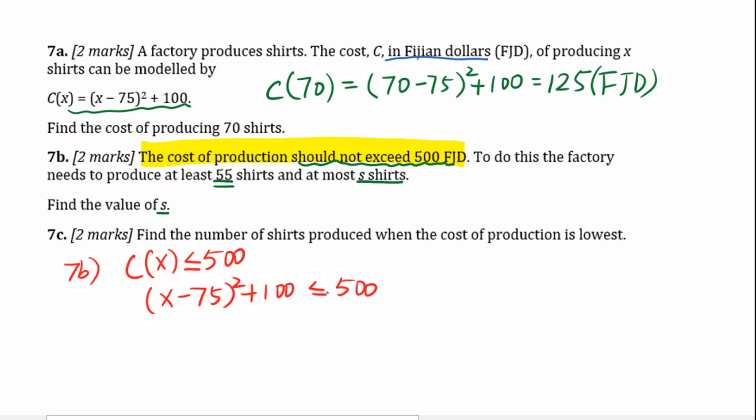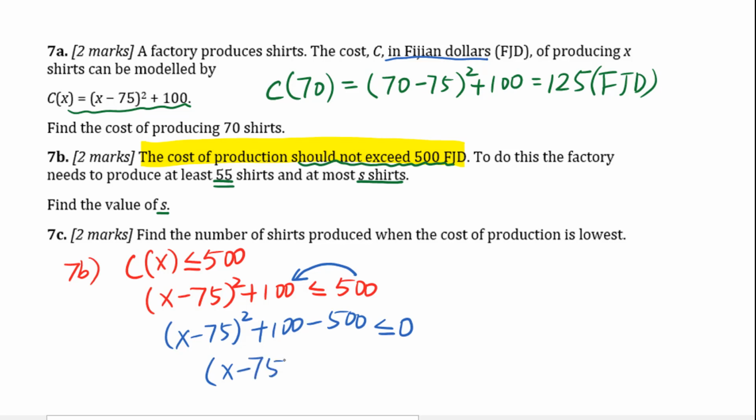Since this is a quadratic function, let's move 500 to the left side. You will get (x − 75) squared plus 100 minus 500 less than or equal to 0. Combine like terms, you will get (x − 75) squared minus 400 less than or equal to 0. We will use a graphing calculator.